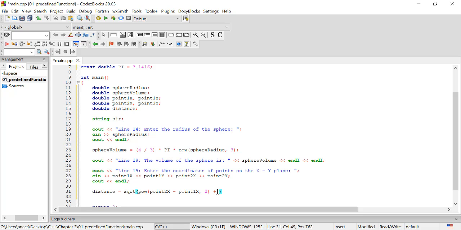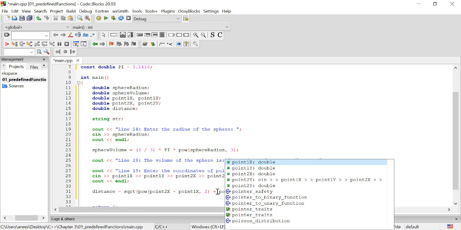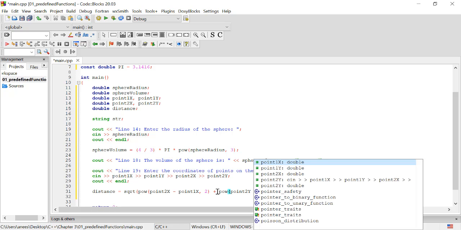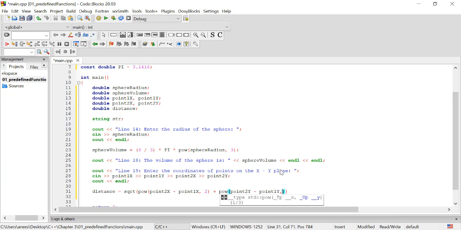Now plus pow point 2y minus point 1y, comma 2.